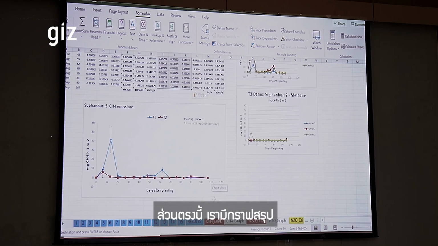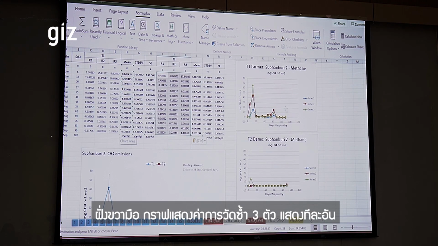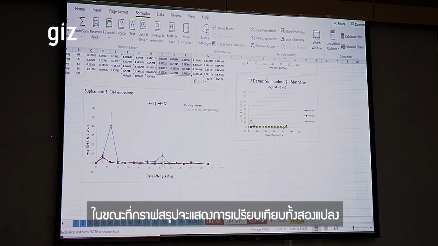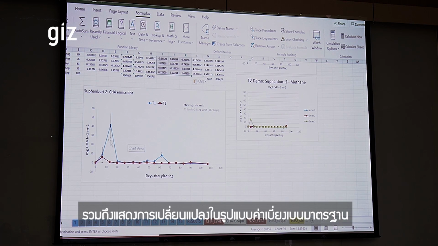And we have here the summary graph. So on the right side, this graph shows the 3 replicates, one by one. And the summary graph compares the 2 treatments and shows the variation in form of the standard deviation. Okay?